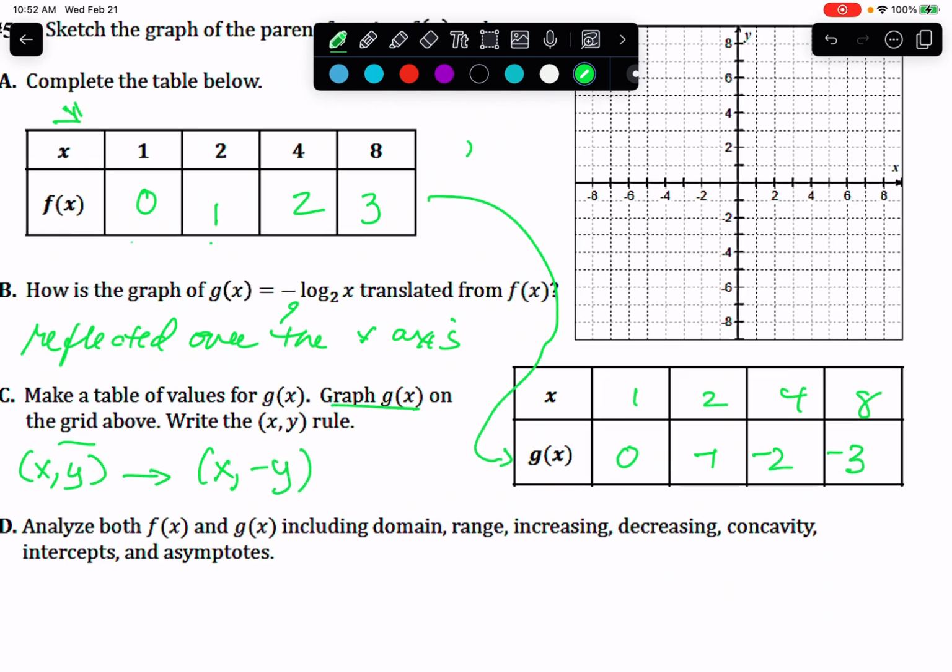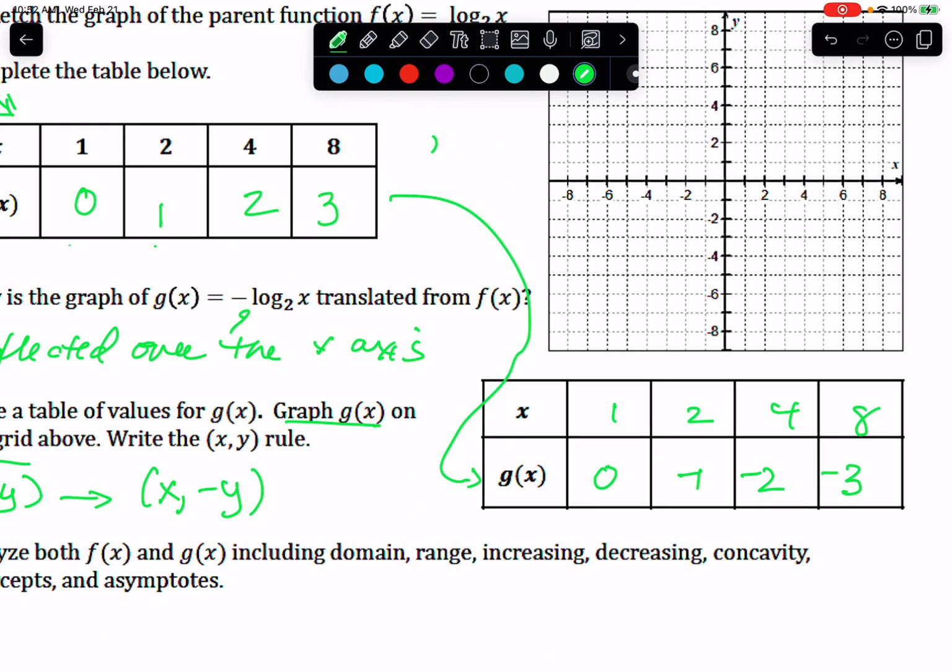All right, and so now we're just going to graph it. So we're at 1, 0, 2 is negative 1, 4 is negative 2, and 8 is negative 3. Okay, so there we have that.